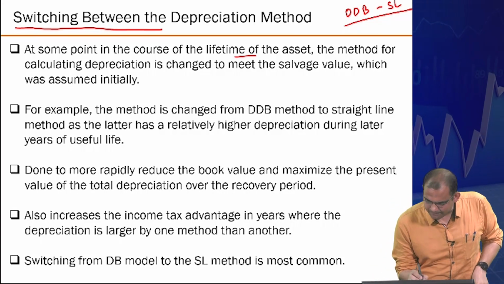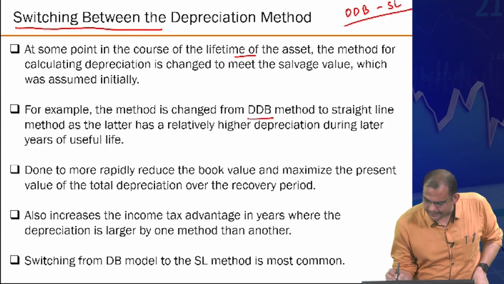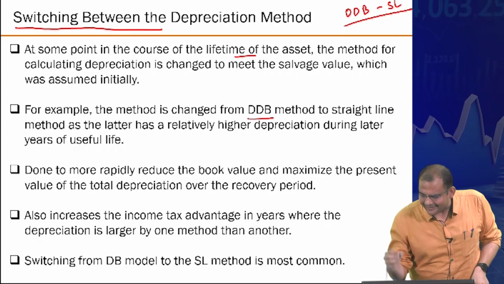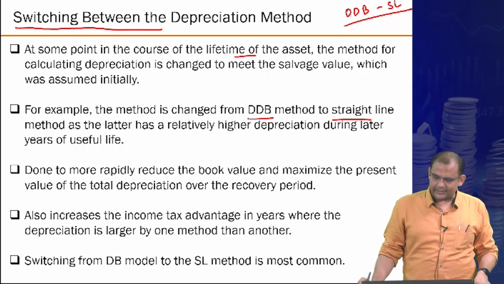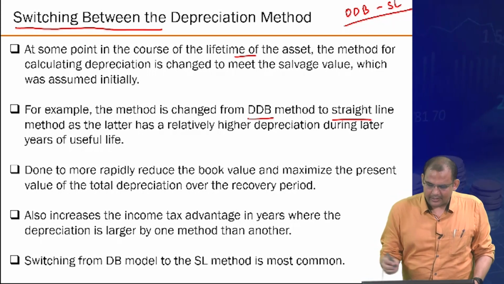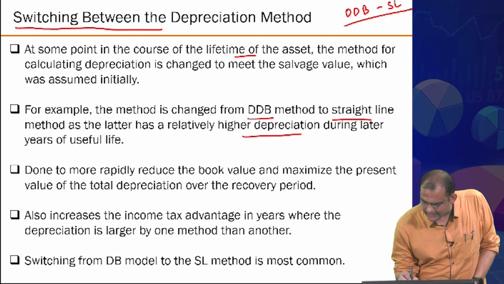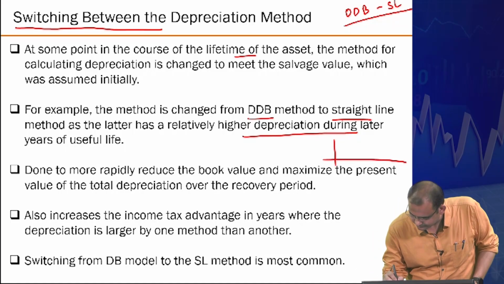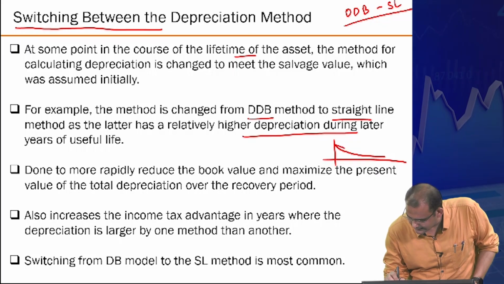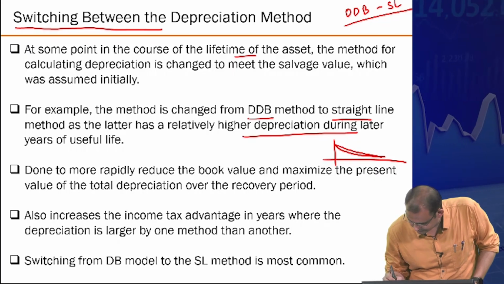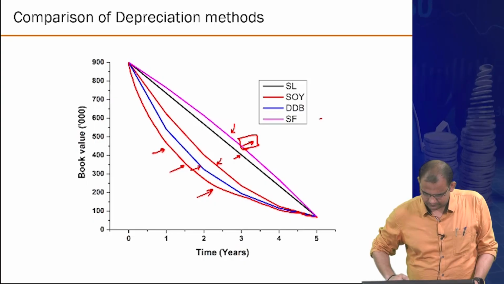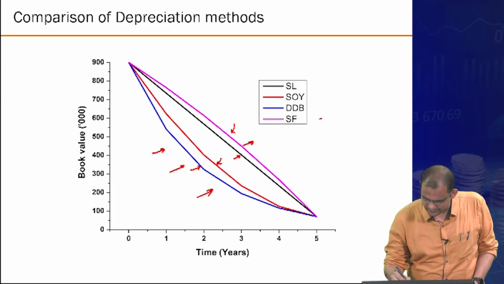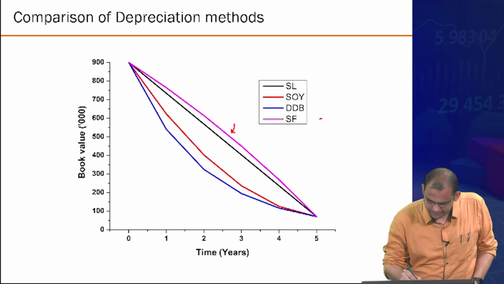So, for example, the method is changed from DDB to straight line method, as the latter has a relatively higher depreciation during later years of useful life. So, this is a classic case, let's look at this example. In DDB, what is happening?